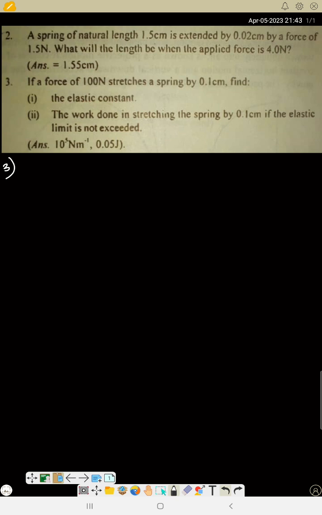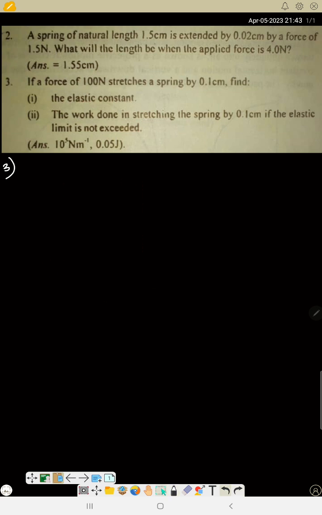Now the elastic constant is a force constant. Force constant means if I have 100 Newton per meter, it means if I stretch a certain spring by 1 meter, I will apply 100 Newton force. So that is the meaning of 100 Newton per meter.